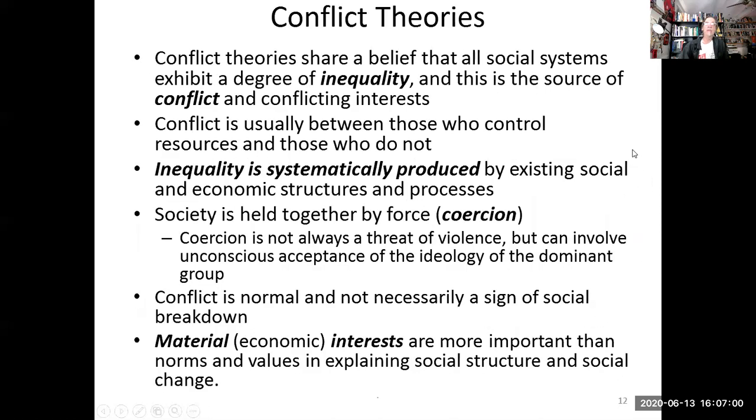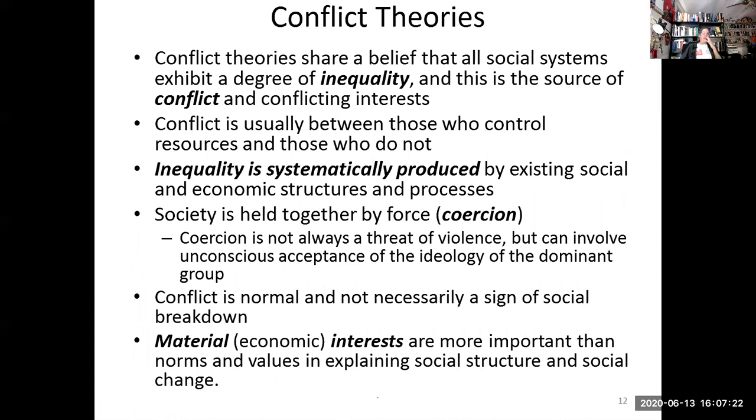So, okay, conflict theory is the first theory group we'll talk about. Among conflict theories there's a lot of diversity, but one thing which unites them is the idea that inequality characterizes all social systems.